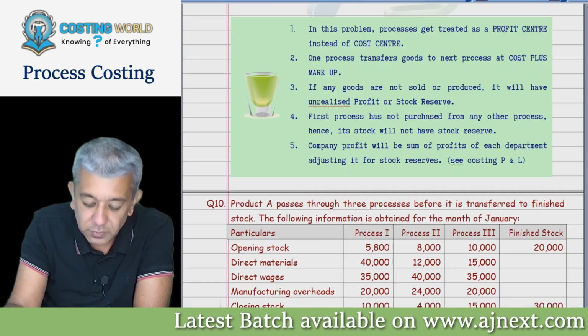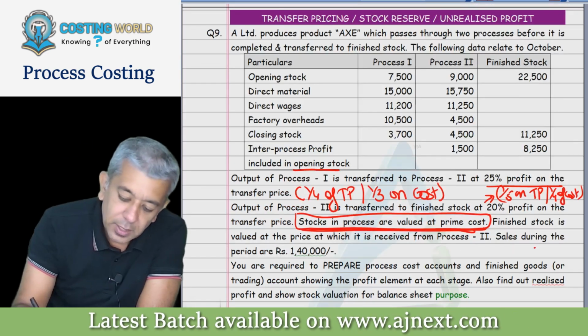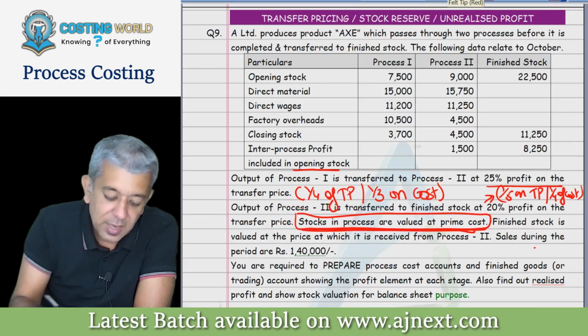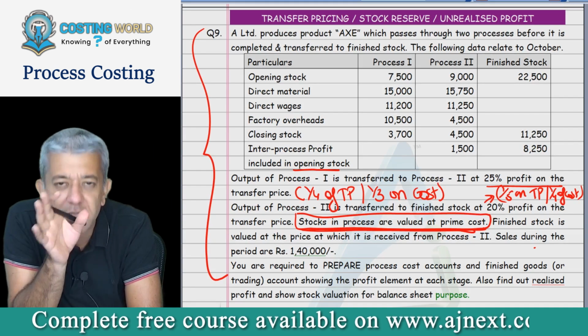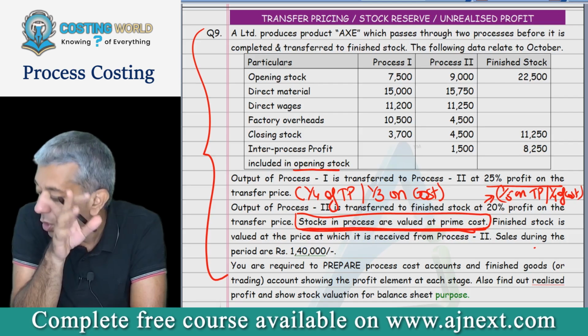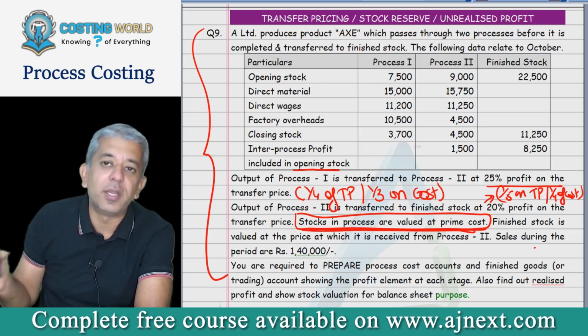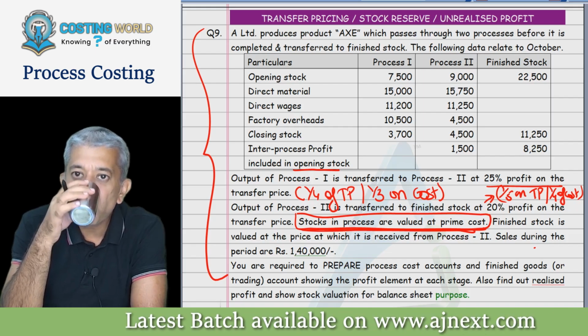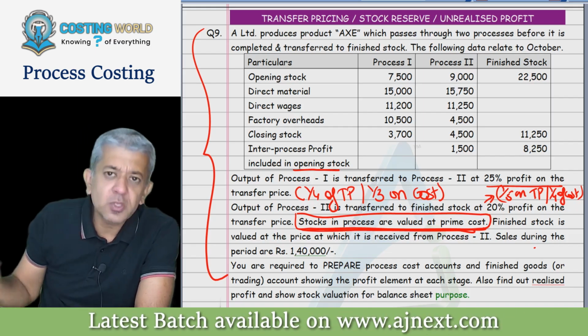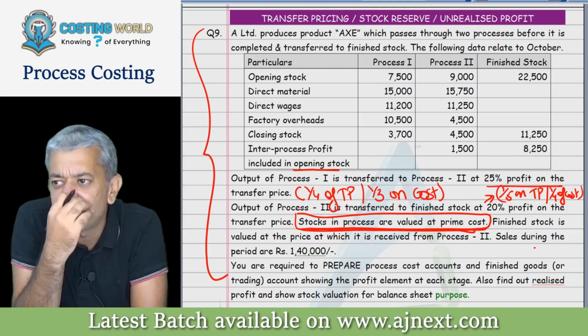Listen. Now, first thing, second. Tell me one thing in this entire question, it's a small question, okay, answer is big but the question is small. Tell me, do you have any quantities with you? No. So I'm not preparing that quantity column.